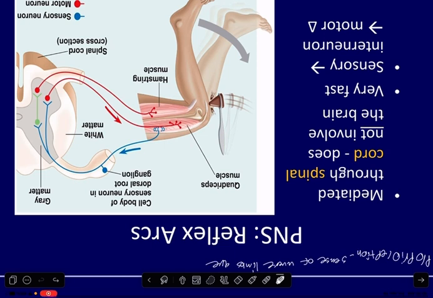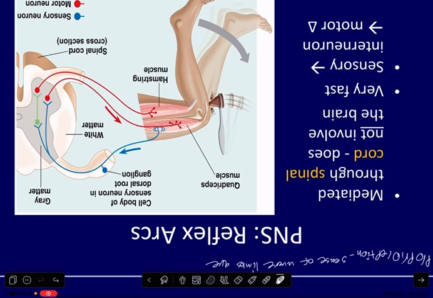You always have to have one muscle contracting while the opposite muscle relaxes. And the information flow, of course, goes from sensory to inter to motor. Okay? Any questions about that? Reflex arcs, very simple but very useful.